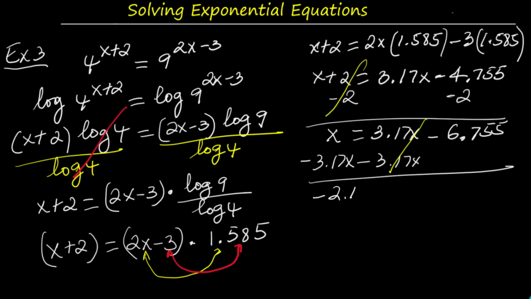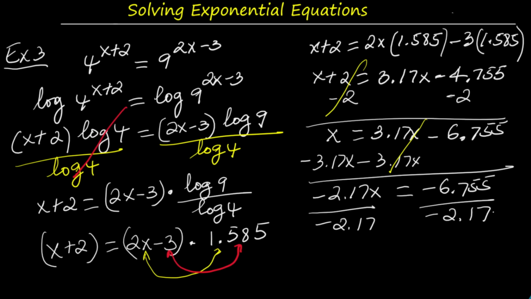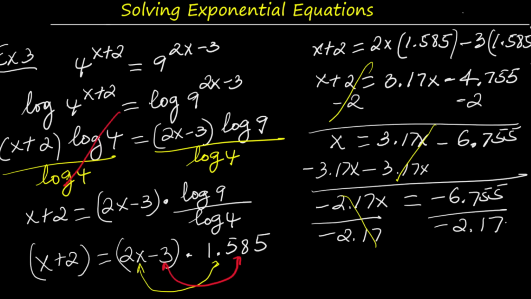We have negative 2.17x equals negative 6.755. Now divide both sides by negative 2.17. Negatives cancel out, and we get x equals approximately 3.11.